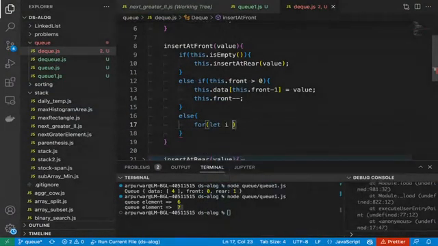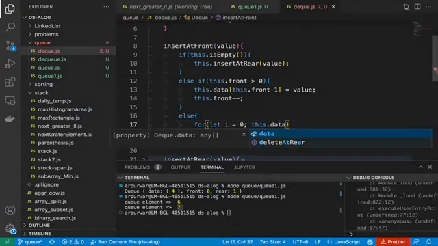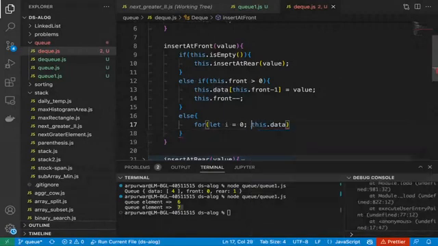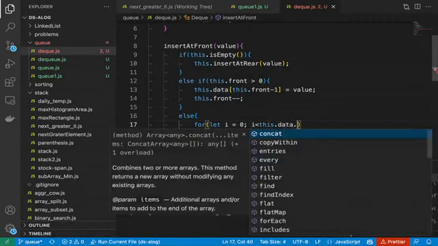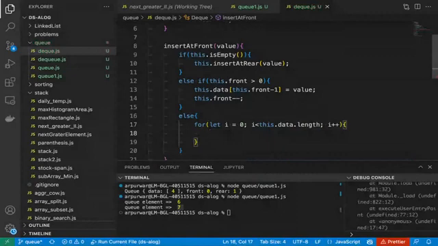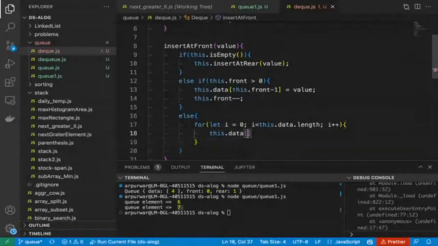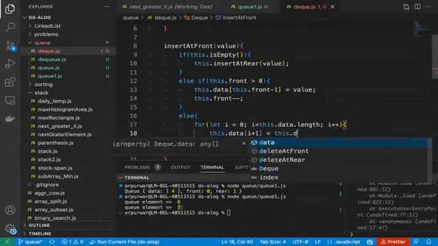Our loop will be on the whole array: this dot data, I less than this dot data dot length, and I plus plus. Correct. And what we need to do is this dot data I plus 1 equal to this dot data I.